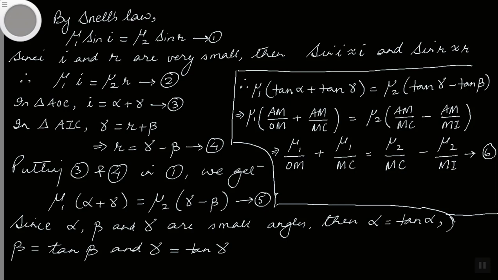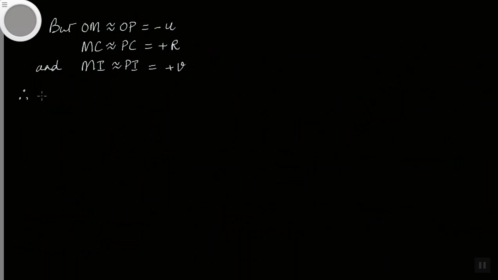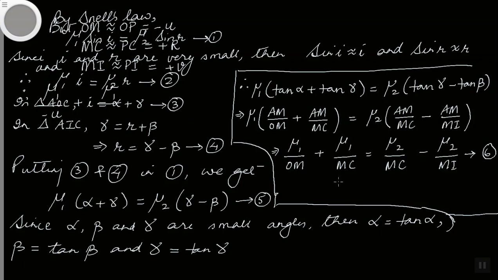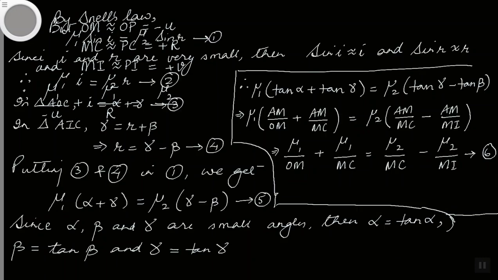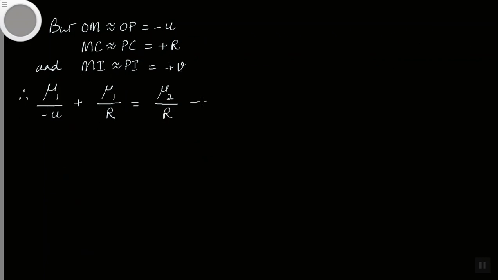So you will get mu1 by OM, where OM here is minus U, plus mu1 by MC, but MC here is plus R. So this will be mu1 by R is equal to mu2 by R minus mu2 by MI. MI here is V.